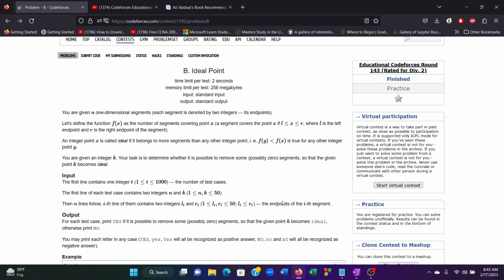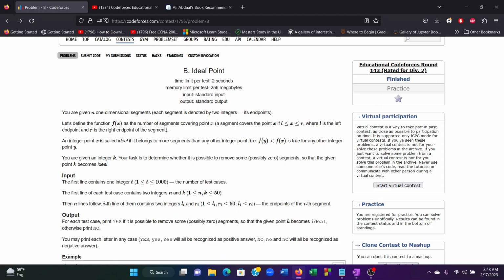We might erase a particular range, and by doing so, we can reduce integers containing the same number of segments.